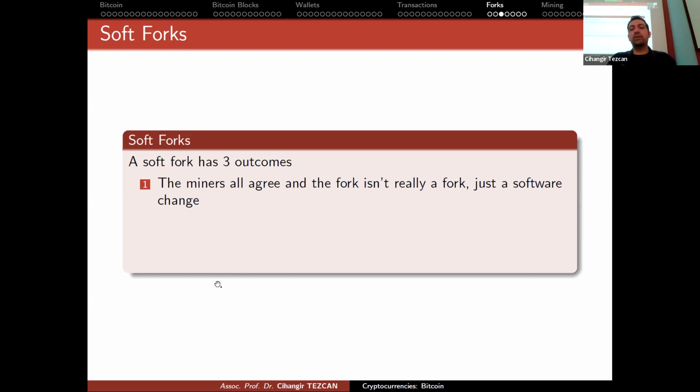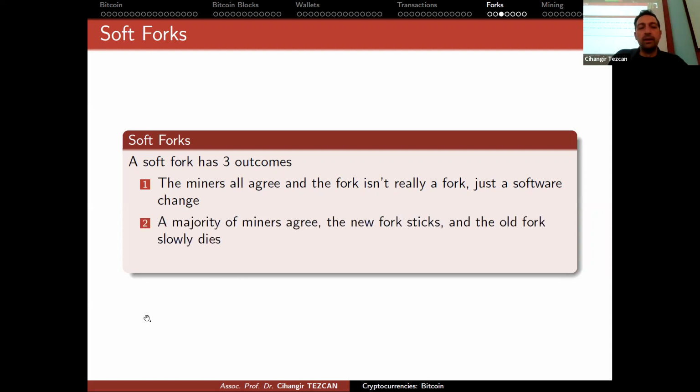First, the miners all agree, and the fork isn't really a fork, just a software upgrade. This is what happened a few months ago in November, with Schnorr signatures and so on. All of the miners accepted that upgrade, and nobody is using the older version.